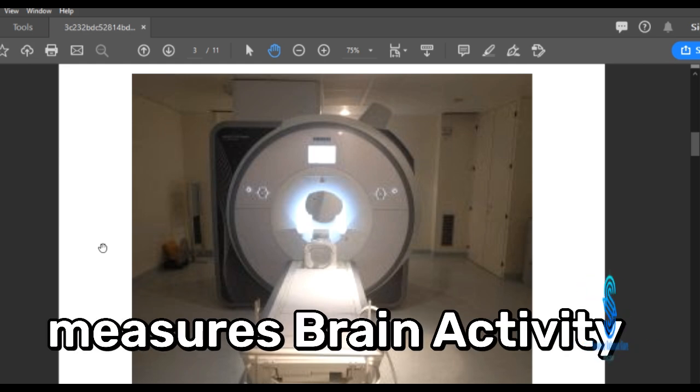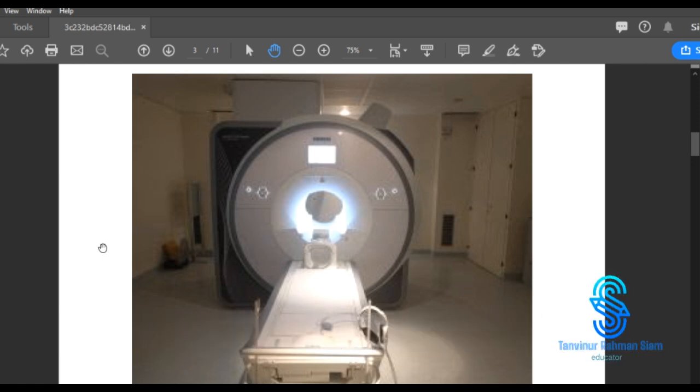It is a type of neuroimaging technique that measures brain activity by detecting changes in blood flow. We already have a traditional MRI, so why will we be using fMRI? When a brain region is more active, it consumes more oxygen, and fMRI can capture this by highlighting areas with increased blood oxygen levels.